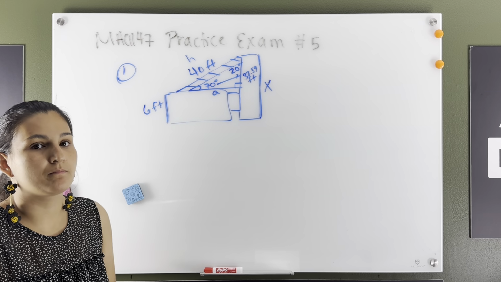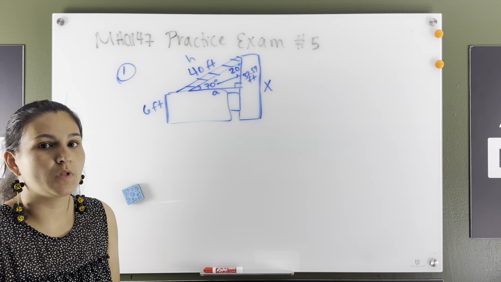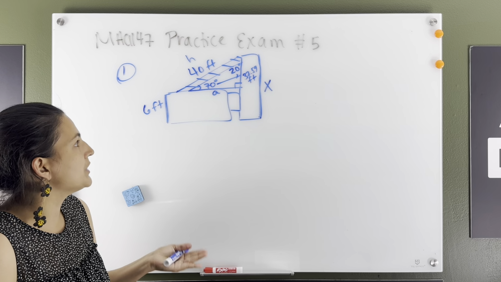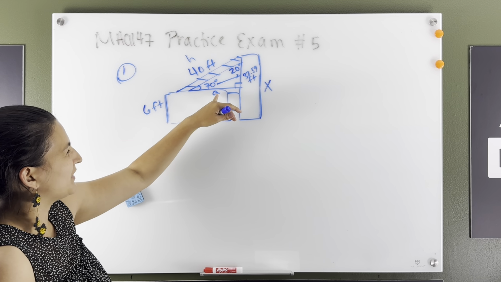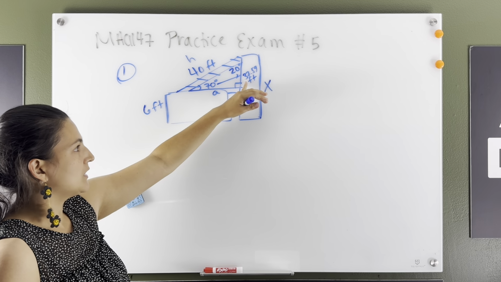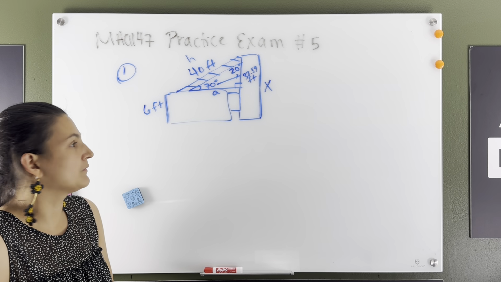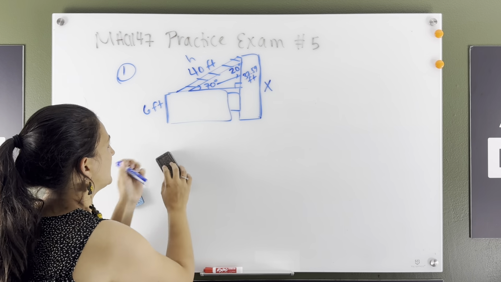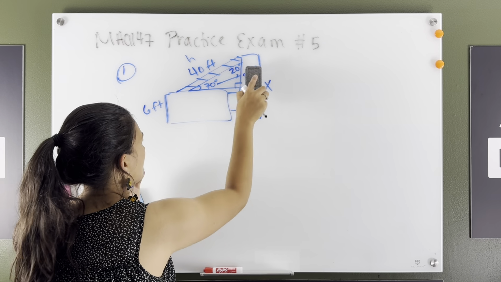Use a different trig function, such as cosine, right? Cosine of 20 degrees is adjacent over hypotenuse, but once you find adjacent, you still need to do the Pythagorean theorem to find once you find this side, so I'll show you what I'm talking about.